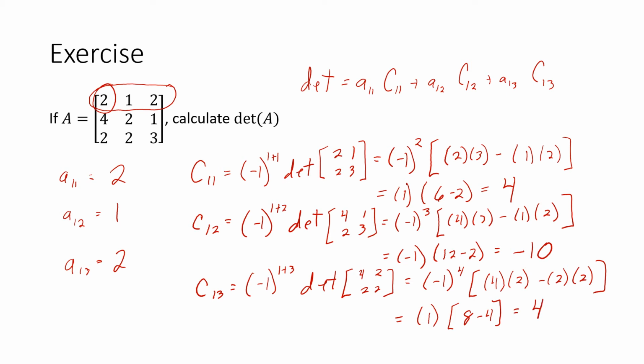So there's all the elements. Now we just have to put them together using our determinant equation. So that's our A. And remember, the determinant of A was equal to A11 C11, plus A12 C12, plus A13 C13. That's equal to A11 was 2.